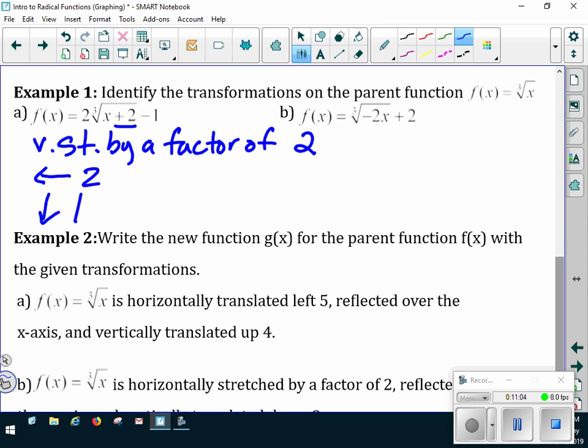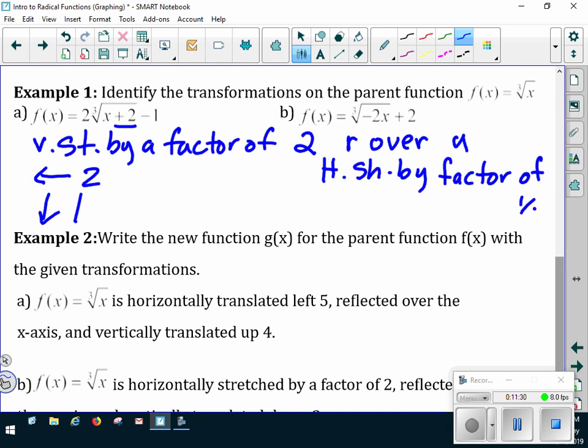What's that negative do here? Reflect over the y-axis. What's that 2 do then? Good. That's a horizontal shrink by a factor of 1/2. And I don't want to just put by 1/2, put by a factor of 1/2. And then I heard up 2. Good.